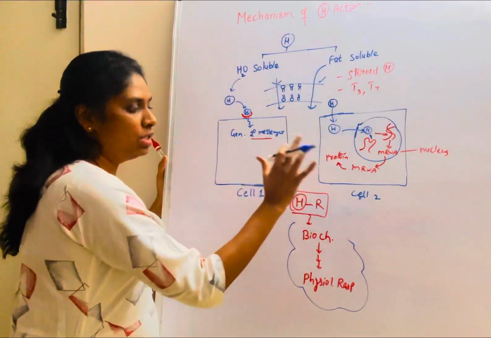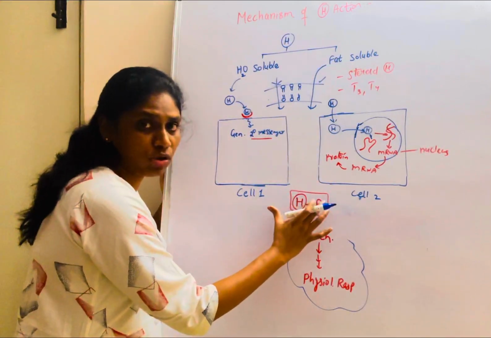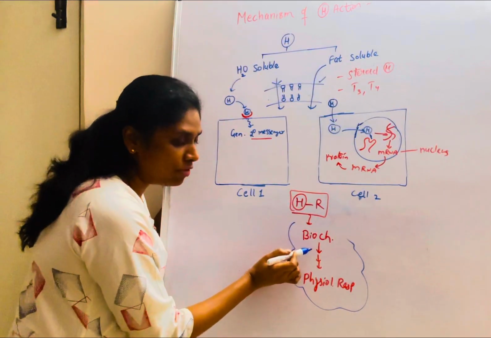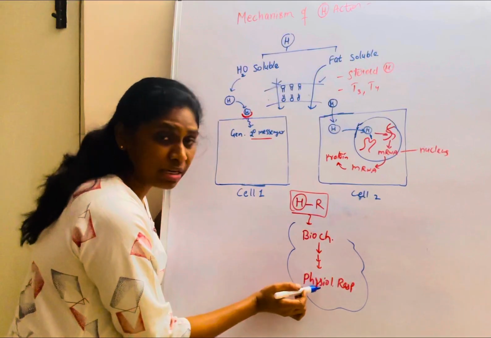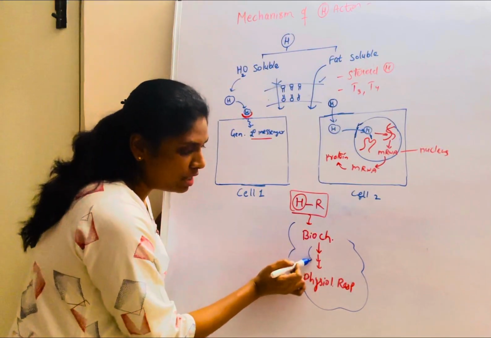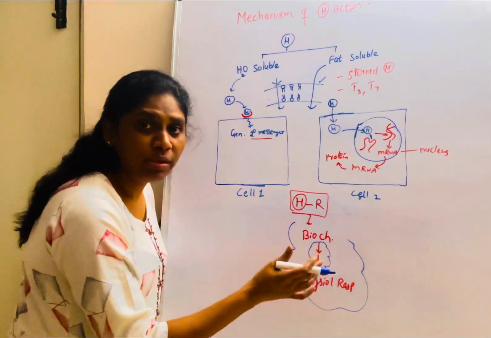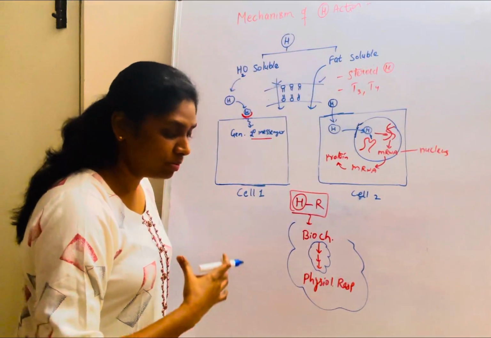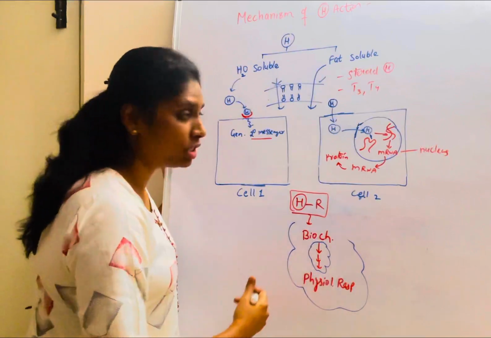Now, what's common to both is that the hormone receptor complex, once formed, stimulates biochemical changes in the cell, which after so many reactions bring about physiological response. Now here, NCERT says these are cumulative, meaning they're additive, which bring a wide spectrum of physiological response.